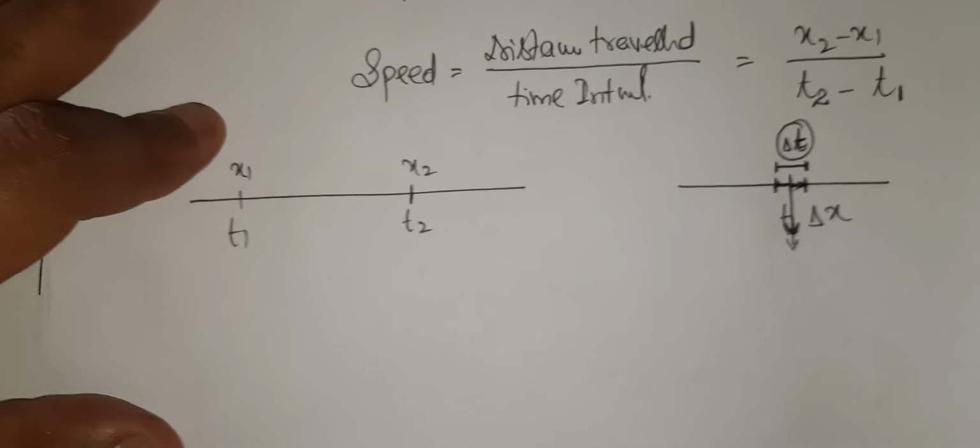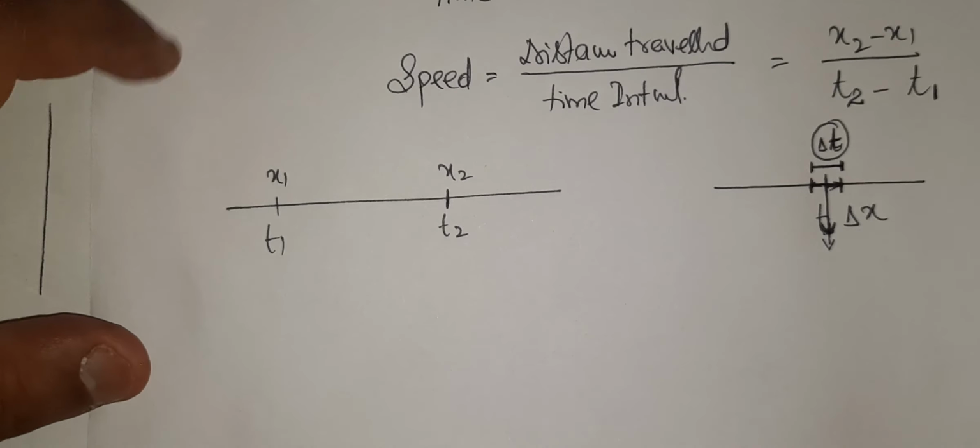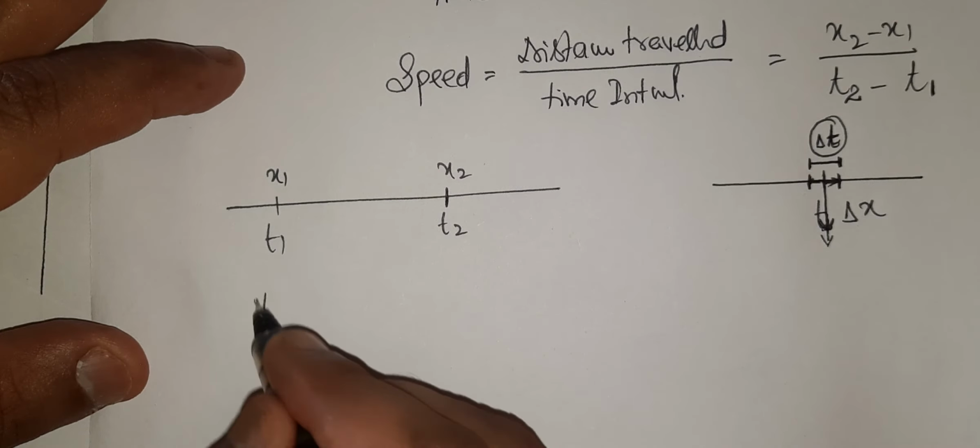Then how will I write instantaneous speed?